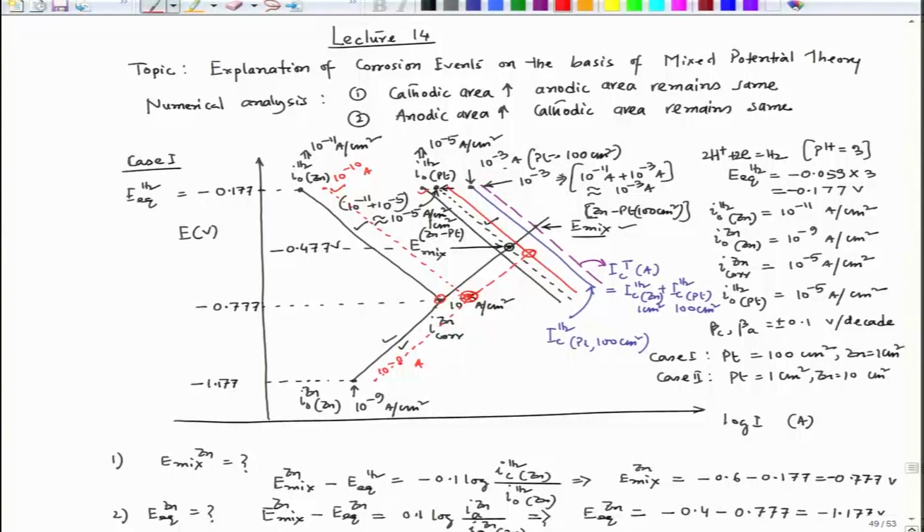So, let us find out those 2 points and try to find out what could be the corresponding IA and IA. These 2 values let us find out, because this will be the mixed values, the mixed potential. As per the mixed potential theory, it will be met at this point.